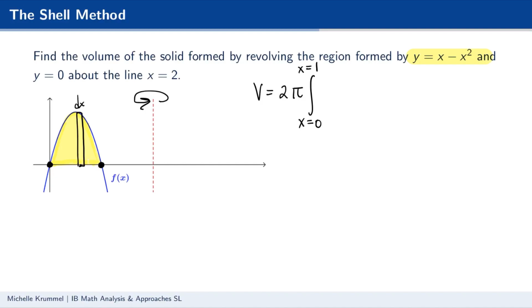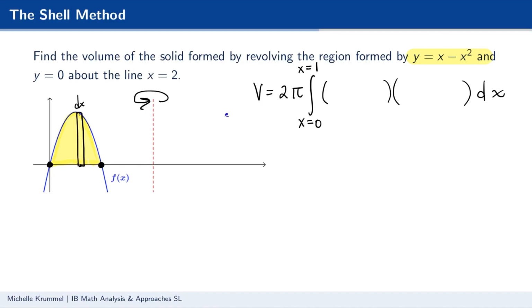And so we need radius times height times dx for our setup. So I'm going to draw my cylinder. I'm going to reflect it across the x-axis. So I'm looking at that, and not the x-axis, the axis of rotation. So I'm looking at that distance right there, and I'm trying to mirror that on the other side. So that's about right there.